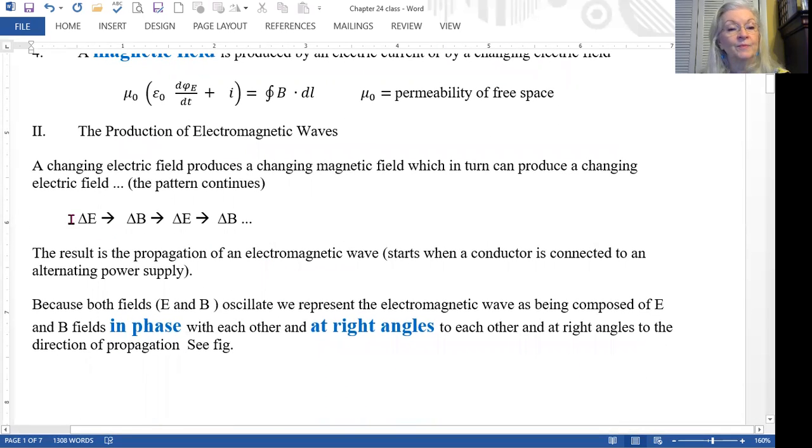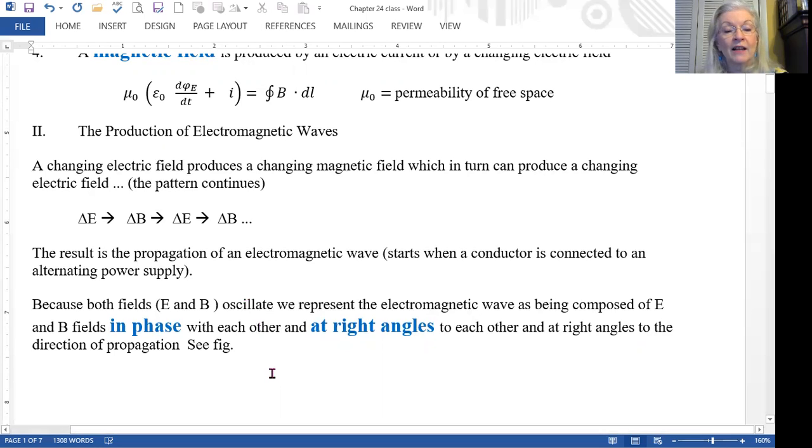So as the electric field varies, the magnetic field varies over time. So the result is going to be that you can propagate or send electromagnetic waves through space when you have a conductor connected to an alternating power supply, so an AC power supply.